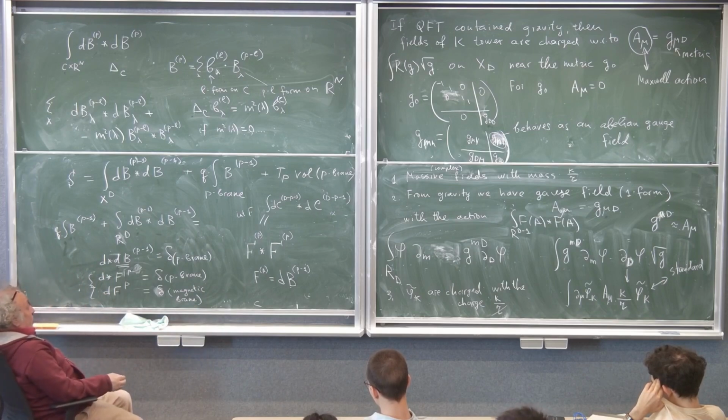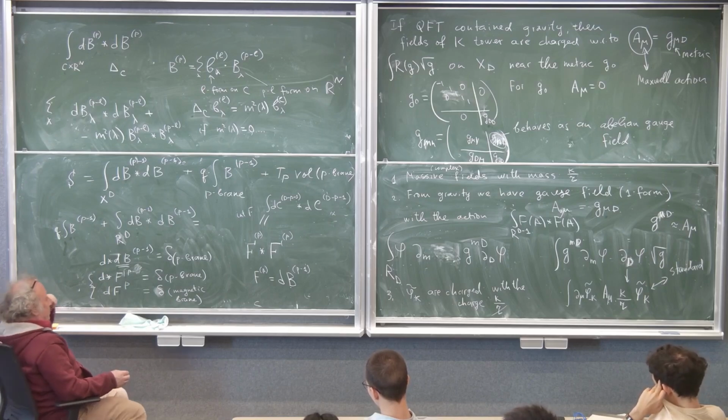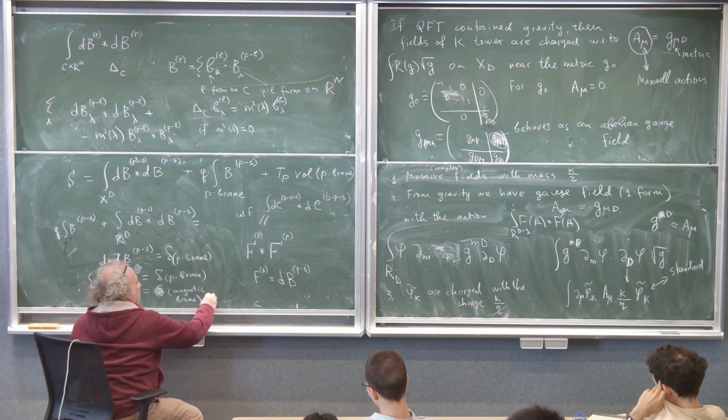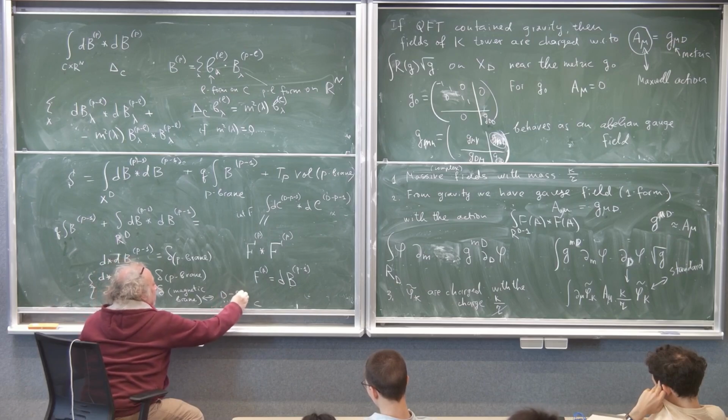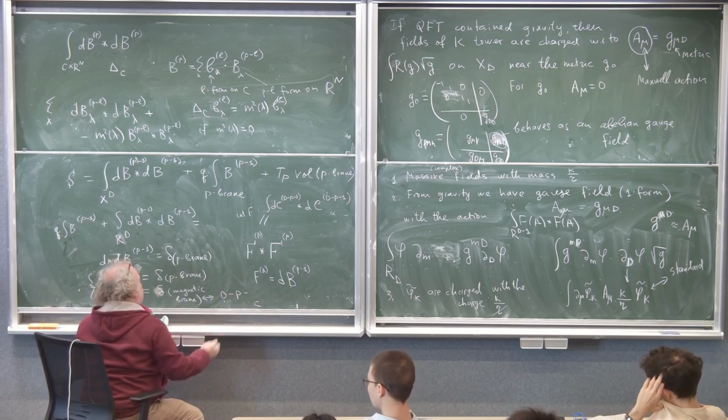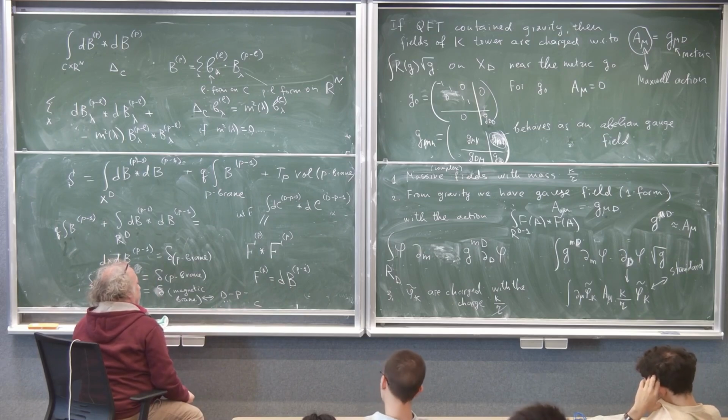And you may easily check that this magnetic brane should be D minus P minus... You see, this Englishman put this crazy notation, so I have always problem in getting it.